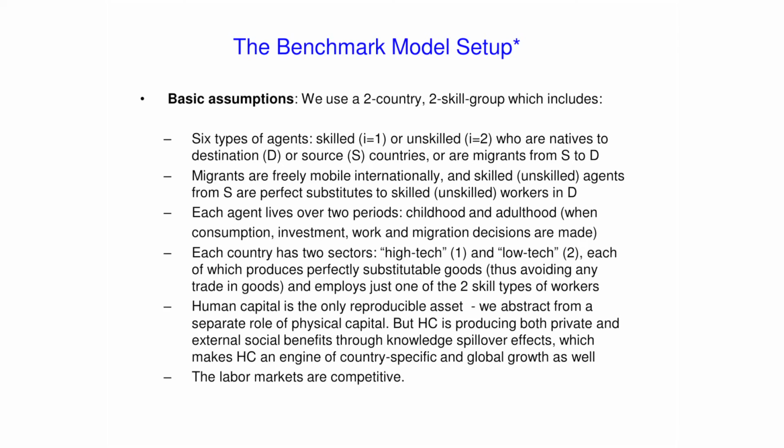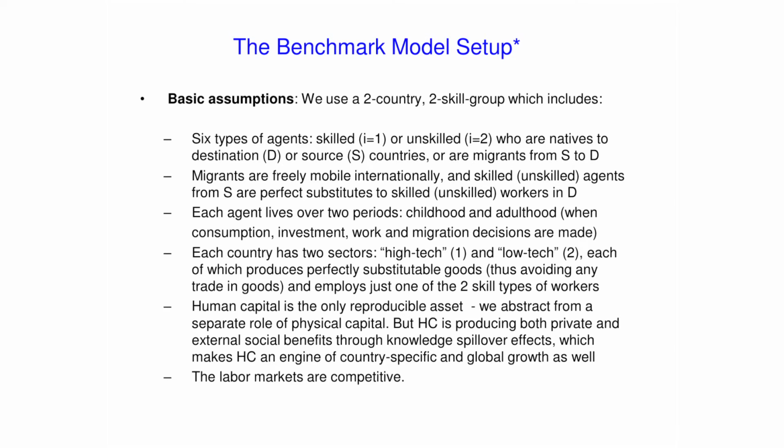But I have to say that in the 2007 paper that I did with my co-author, Jin-Young Kim, we also allowed for the existence of physical capital in the model. It made basically no change with respect to all the inferences that we got about both growth and distribution. That is not surprising, perhaps.